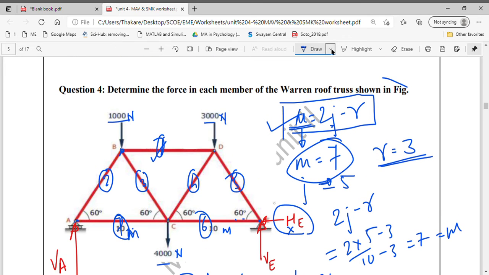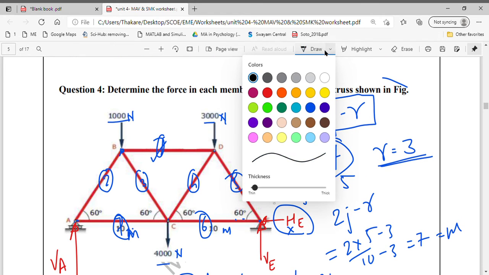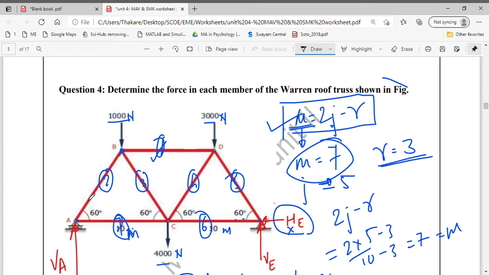Now here we had determined the value of members AC and AB. Right? Now let us move to next joint. We have to determine the forces in every joint. So let us move to next joint. Consider joint B. Okay.